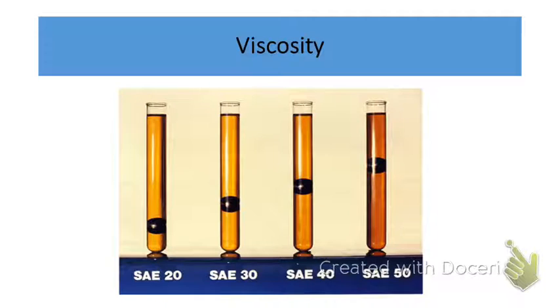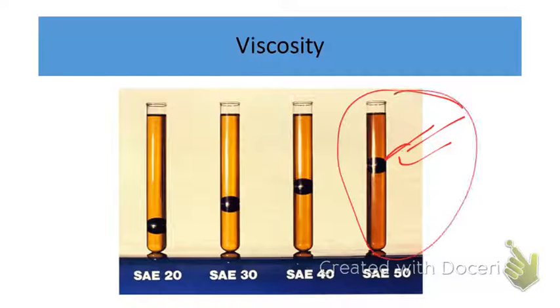So for instance, this last one here, because the ball seems to be having trouble getting through, it tells us that this liquid has more viscosity. It's more viscous. The intermolecular forces are probably stronger in this one, or the molecules can entangle much better.